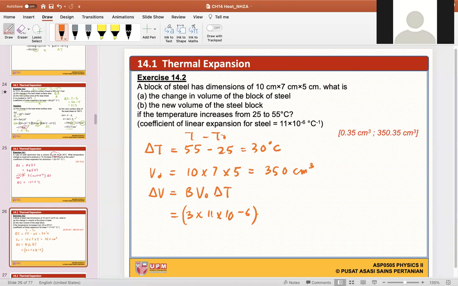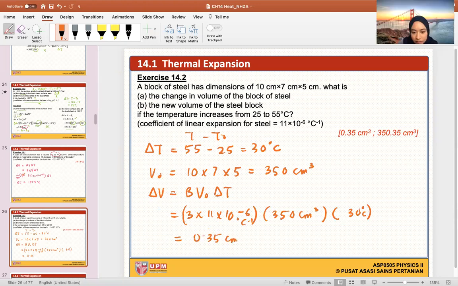Then saya kali dengan volume initial 350 cm cube dengan delta T 30 degree Celsius. Saya dapat jawapan 0.35 cm cube. Okay. Thank you. Did everyone get the same step? Yes. Okay, moving on.